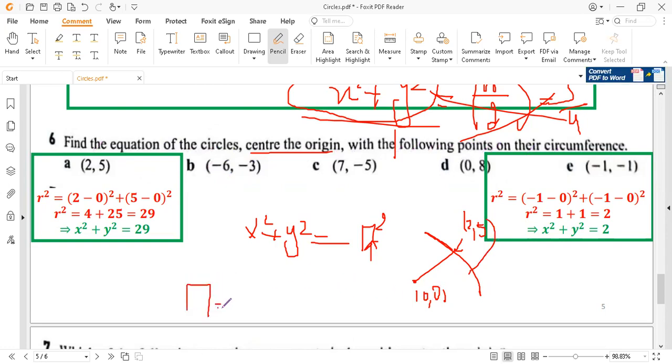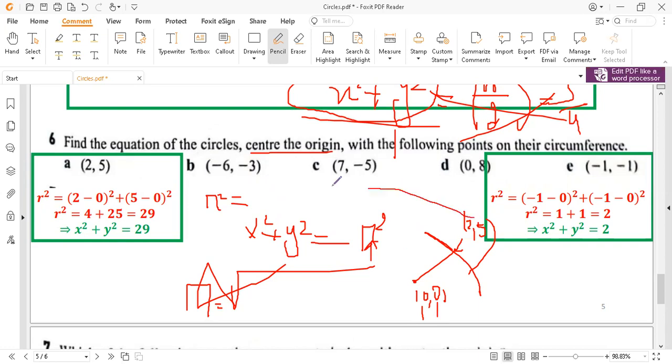r is always a radical, or r squared, another way. r squared is always equal to x minus h, where h here is 0, squared, plus y minus k squared, and k equals 0. So normally it is x squared plus y squared.